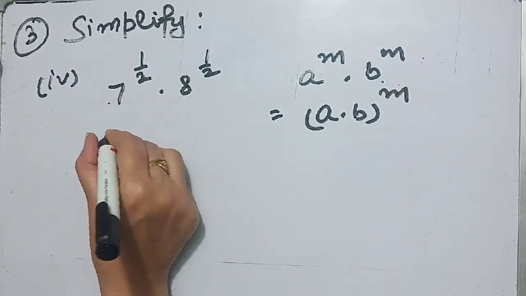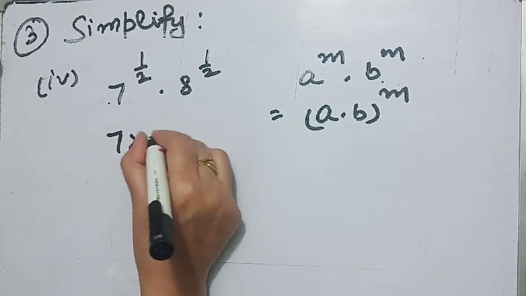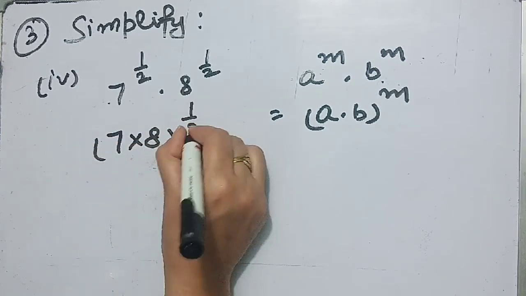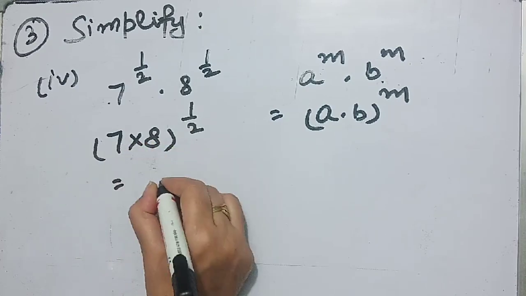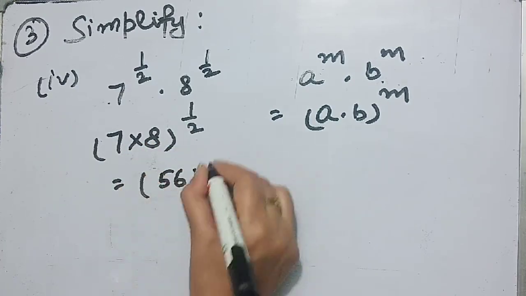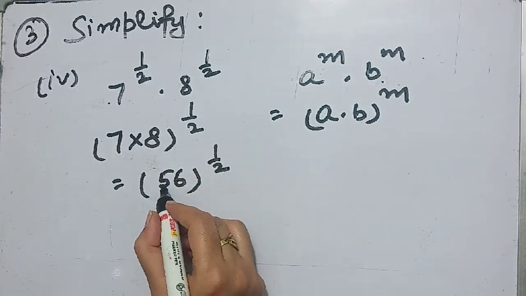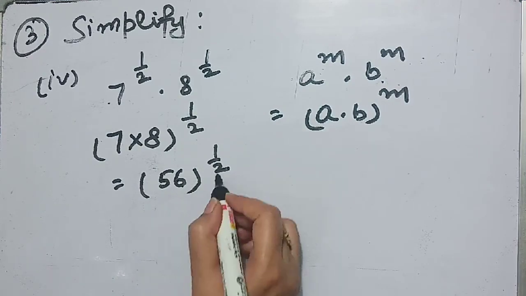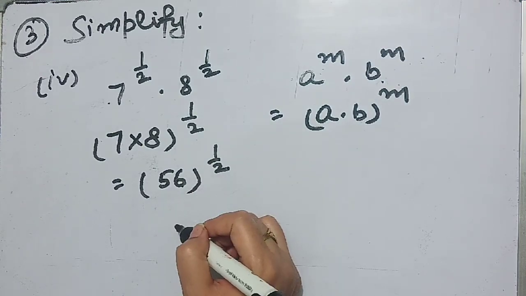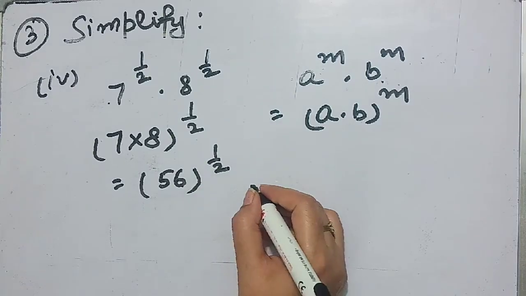The bases are 7 and 8, that is 7 into 8, power is 1/2. 8 sevens are 56, power 1 by 2. Now 56 will not give only the prime number 2, so it cannot be solved more than this. Now this question is completed.